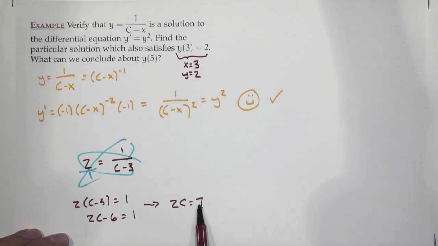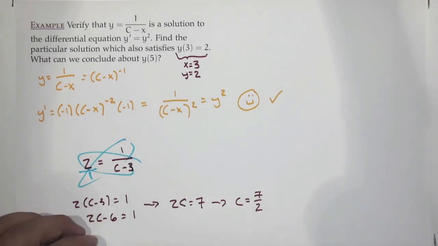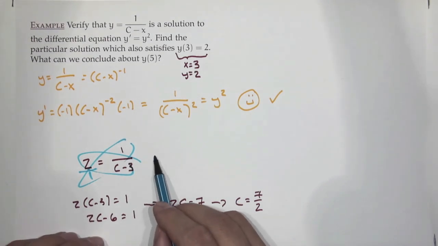Our algebra. This is great. This is our bread and butter. We love algebra. And so that tells us that c is 7 halves. Okay, good. Now, by the way, there are other things that you could have done. So this is a fun thing. The further you go in math, the more options you have. So another thing you could have done is said, hey, let's not cross multiply.